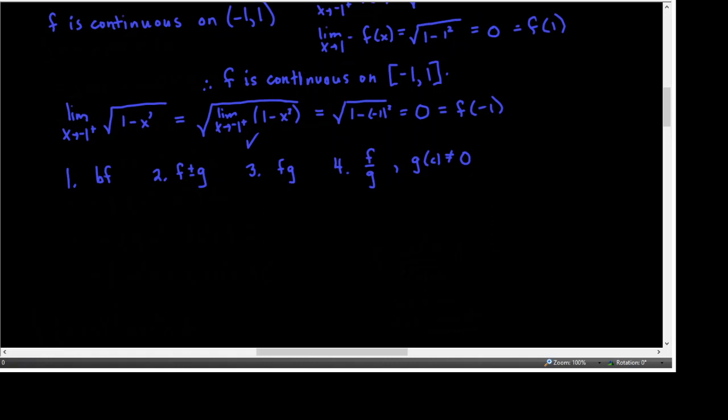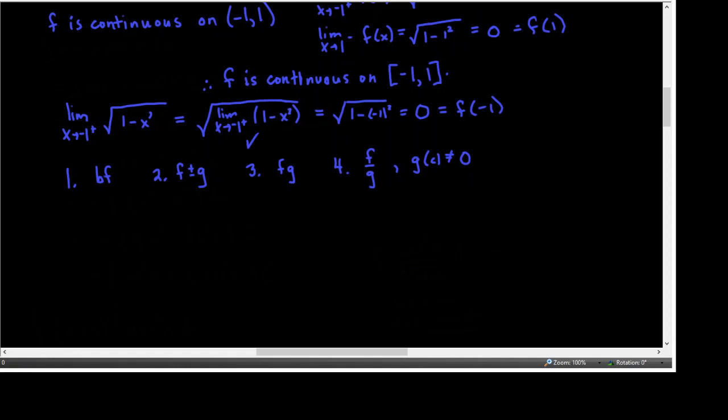Then in the next slide, the list below summarizes the functions we've studied so far that are continuous at every point in their domains. That includes polynomial functions, rational functions, radical functions, and trigonometric functions.